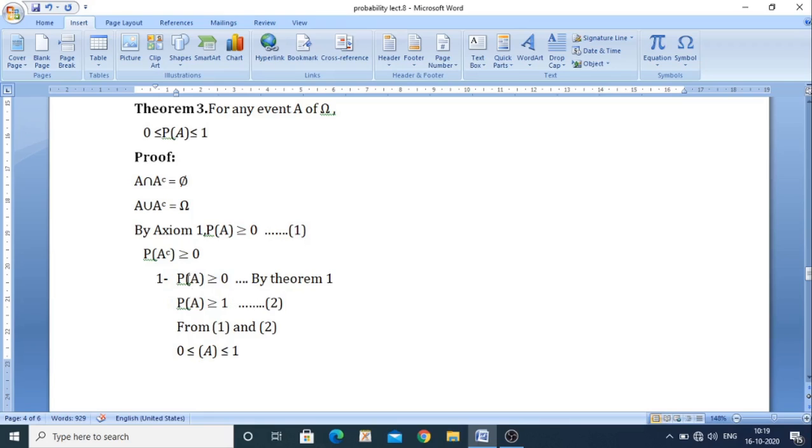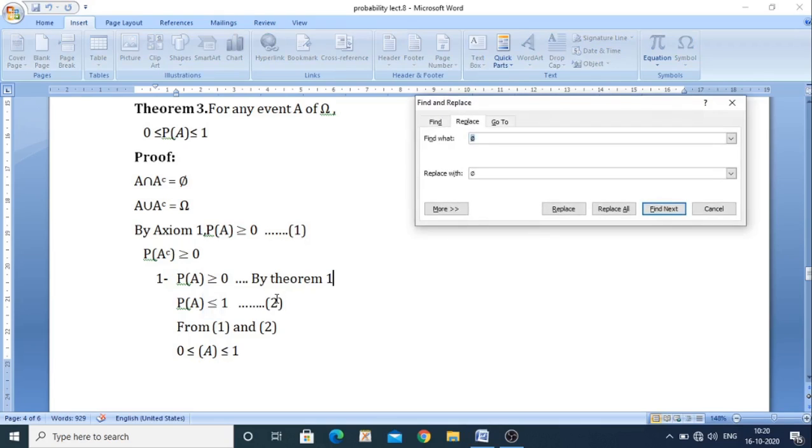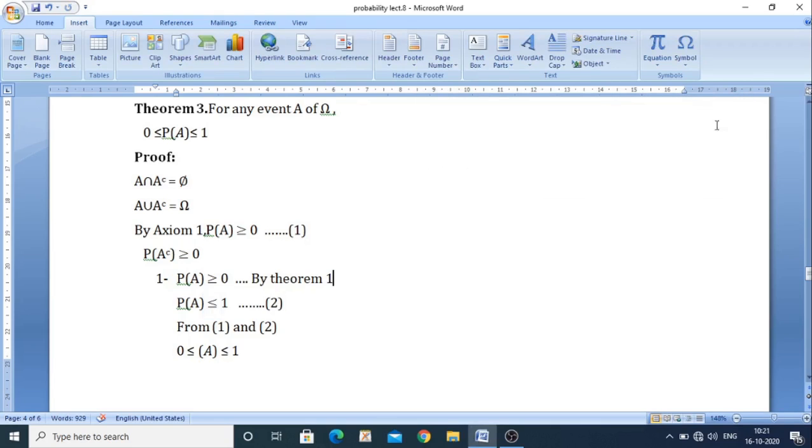Now take this P of A to the RHS. So P of A is less than or equal to 1. So this we call as 2. So combine 1 and 2. One says it is greater than or equal to 0 and second says that it is less than or equal to 1.